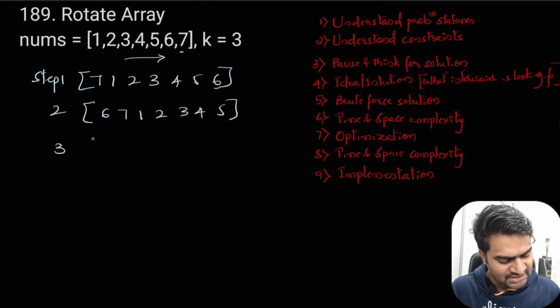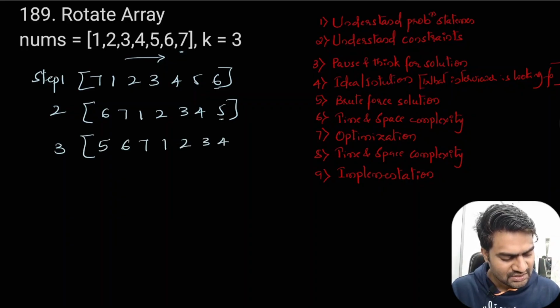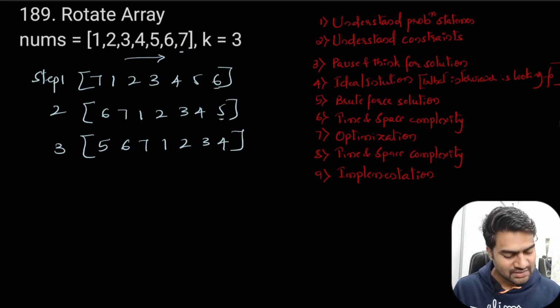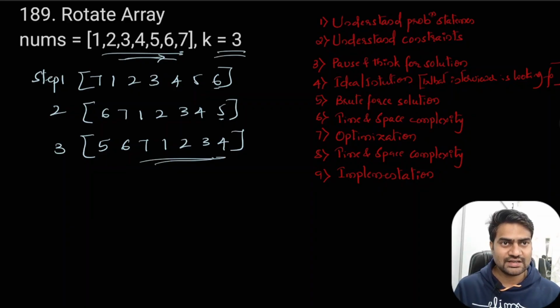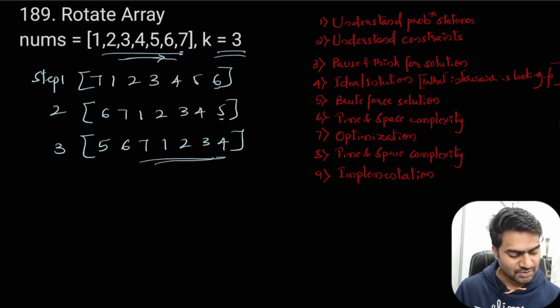Next, step 3. Now again 5 will come at the beginning, so 5, 6, 7, 1, 2, 3, 4. After rotating this array by 3 steps, we get this output, so we need to return this output. This is what is expected out of this problem.